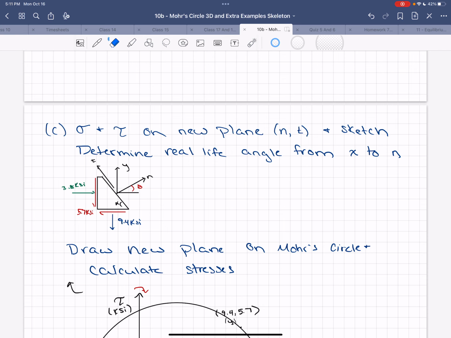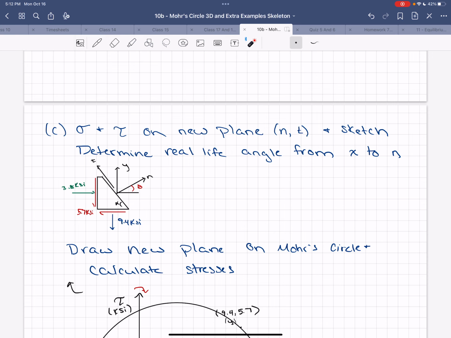So we could call it, like we did back in chapter 1, this is our normal to the cut and tangent to the cut. What's important here is it's nice to know the angle relative to x, because we know our x and y faces. So that helps. Cutting it apart like this, I think, is worth your time.